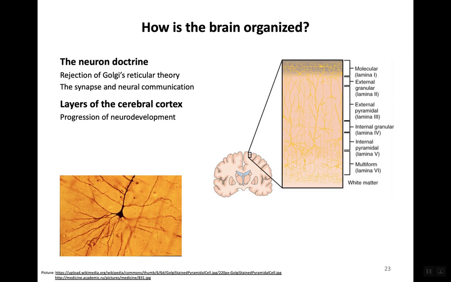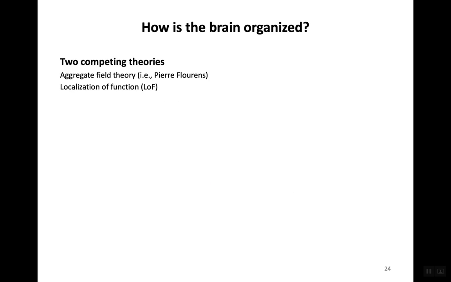Some of them receive information, some of them send information to other parts of the brain, while some other laminae are responsible for integrating and processing information. So there is method to this madness, and all of this leads us into the next question, which is, how is this complex structure responsible for cognition?